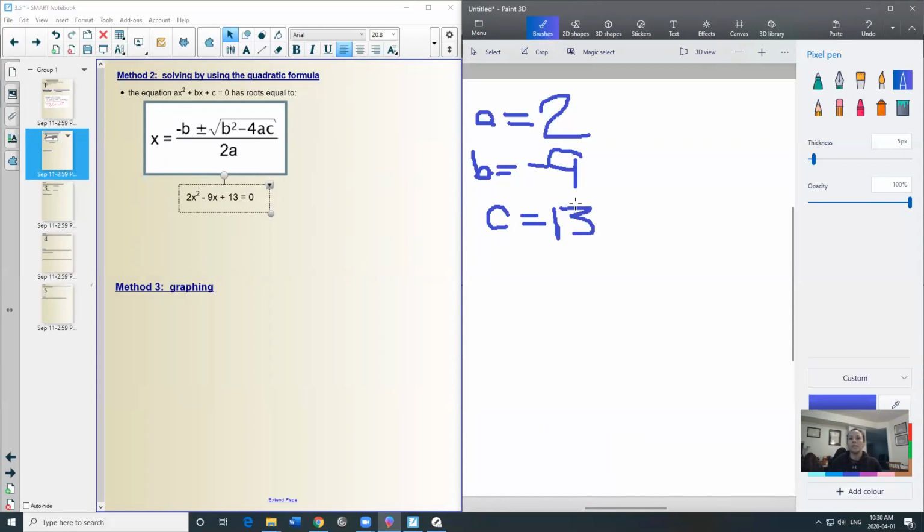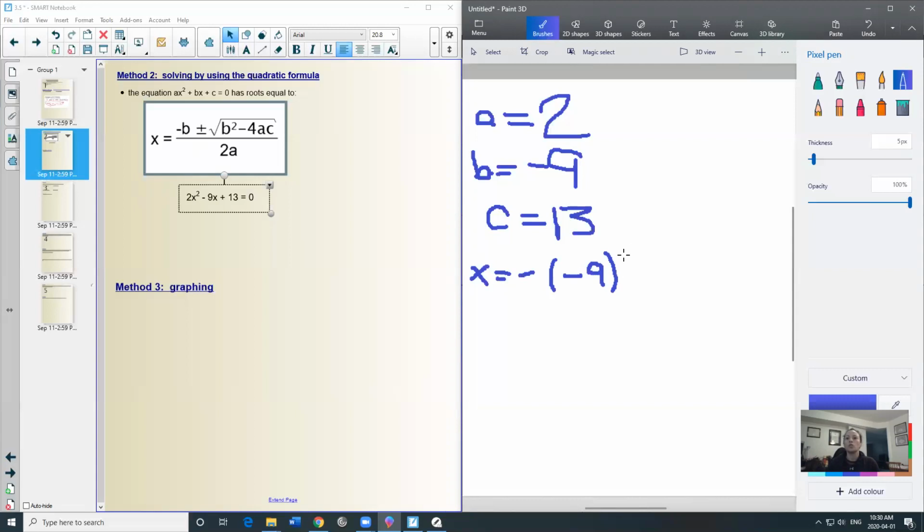So a is 2, b is negative 9, c is 13. The first thing I'm going to do is take my values and plug them in. I like copying my equation first, but I'm just not going to here because it's difficult to write this way. So negative b is like having negative and then negative 9. I'm actually going to take the time to write it out, because I'm trying to stop you from making silly errors. I don't want you to mess up those signs.